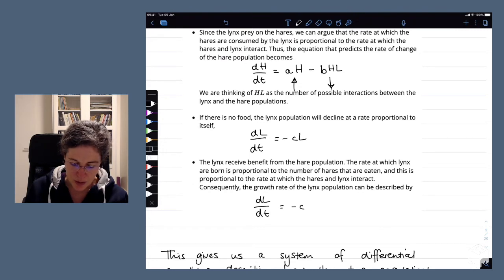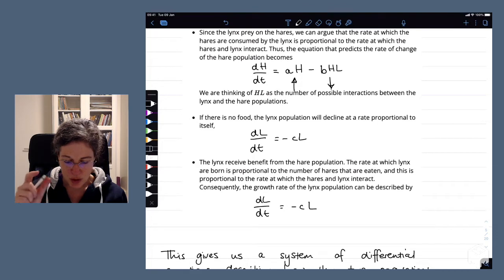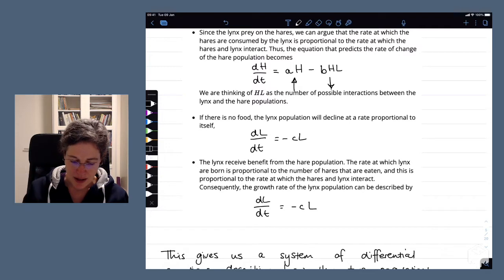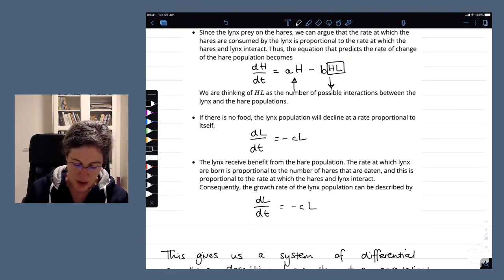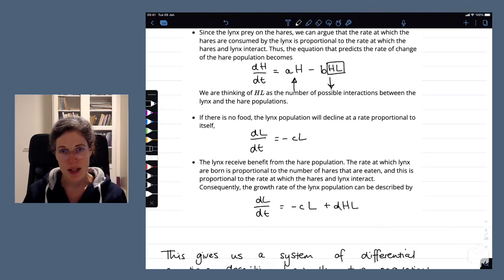So we're going to have the rate at which our lynx is born proportional to the number of hares that are eaten, because we're thinking of that as a kind of proxy for a healthy lynx population. And the number of hares that are eaten, we've already seen over here, is going to be proportional to the number of interactions that we have between hare and lynx. So we're going to have a term that looks like this, another interaction term, and just a constant to modify that.